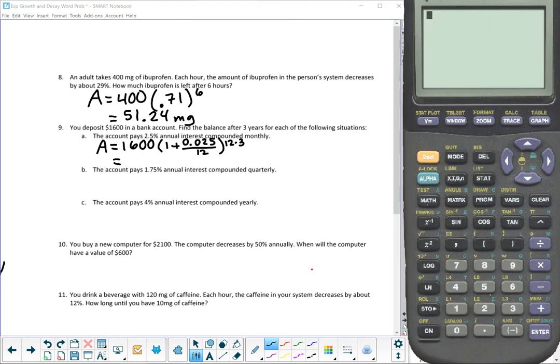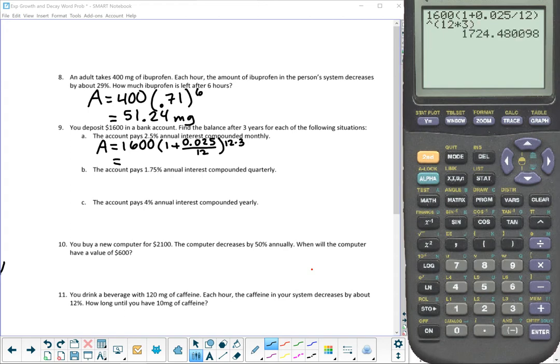So I'm going to go ahead and type in 1,600 parentheses 1 plus, and this one's a little complicated, so you can do it in small steps, but because I'm pretty good, not to be cocky or anything, I can do this all at once. So 1 plus 0.025 divided by 12, close that parentheses, to the power of, and then I'm going to open the parentheses because I want that 12 times 3 to be together, and close that parentheses.